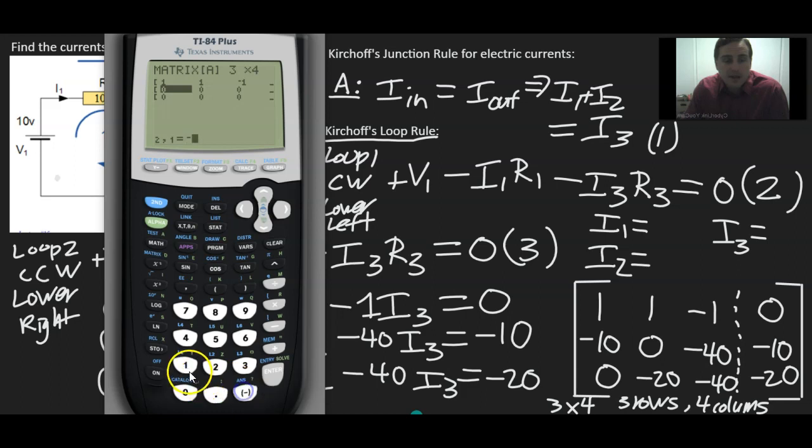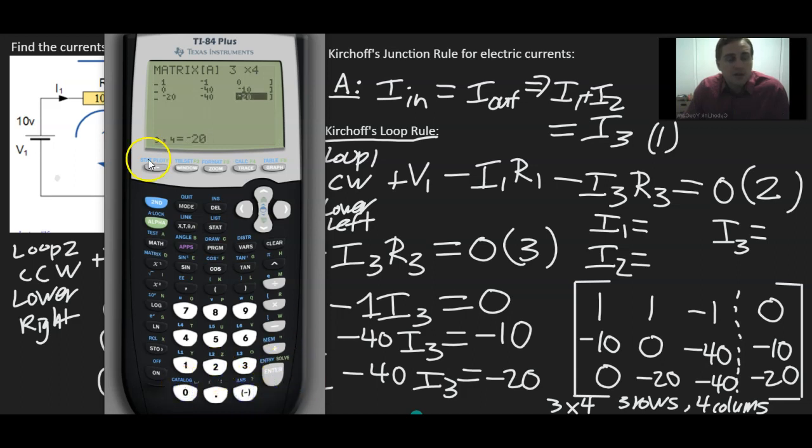Then -10, enter, 0, enter, -40, enter, and then -10, enter. That takes care of the second row. And then finally the last row is 0, and then -20, and then -40, and then -20.